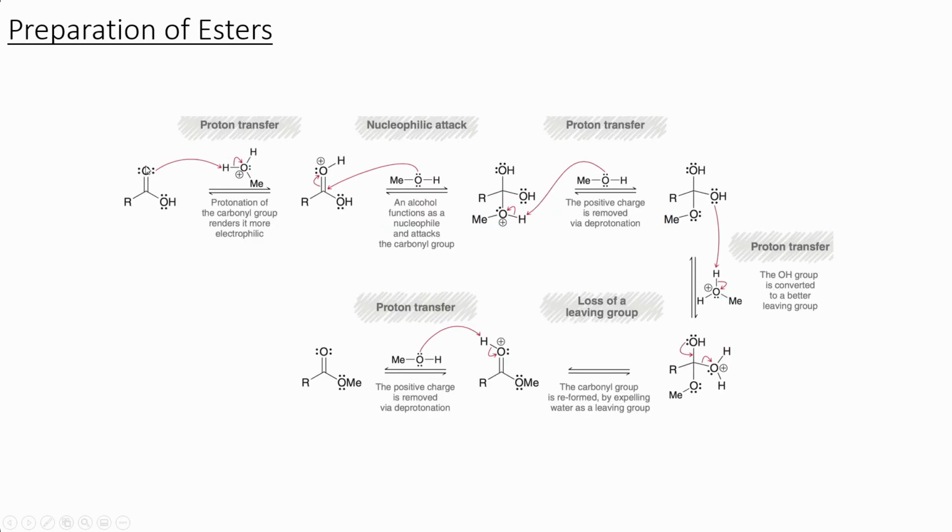First, a proton transfer occurs, protonating the carbonyl group, and then we can have nucleophilic attack of the methanol to form our tetrahedral intermediate. Another proton transfer will occur that makes the hydroxyl group a good leaving group. And then finally we have loss of the leaving group and reformation of the carbonyl as water is expelled as a leaving group. Finally, one proton transfer to deprotonate the carbonyl will result in the ester as the product.